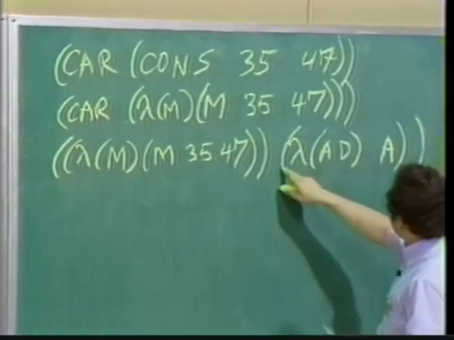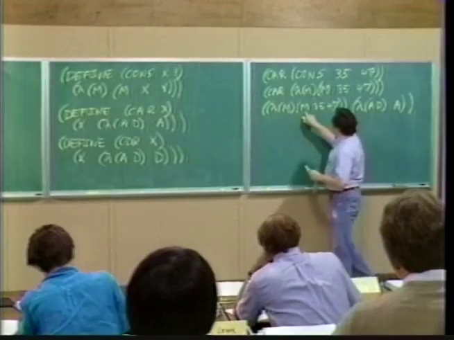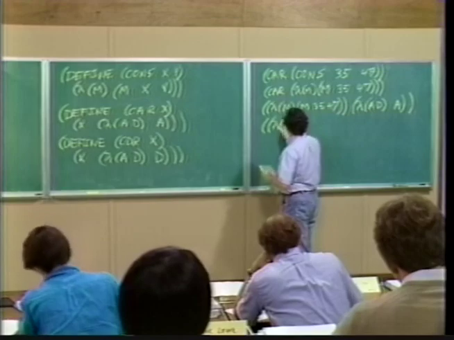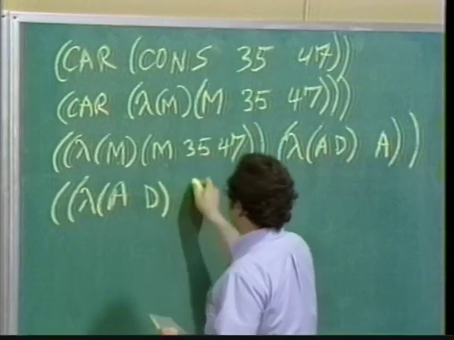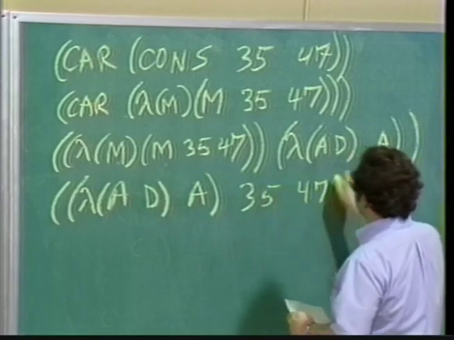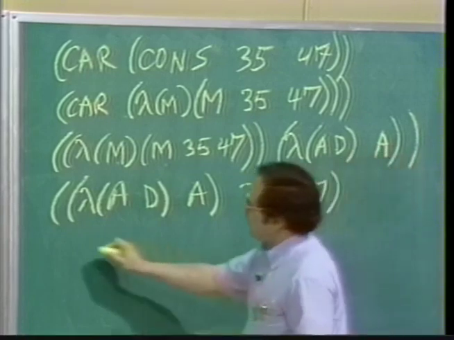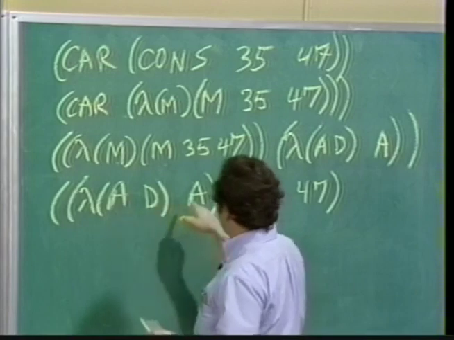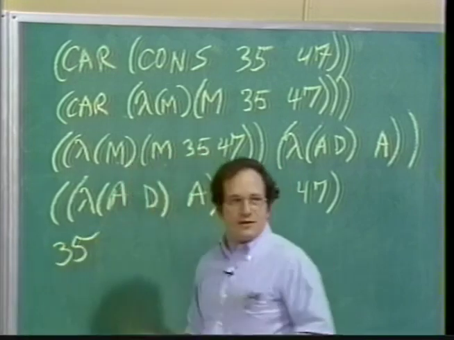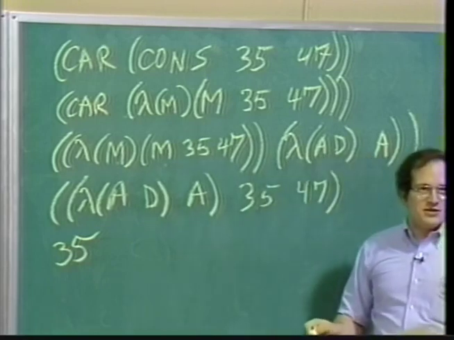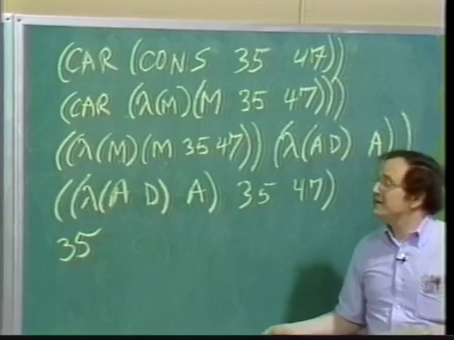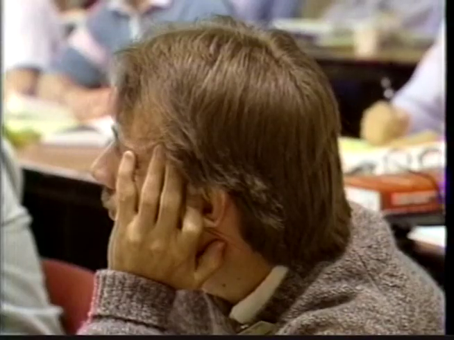Oh, but that's the result of substituting this for m here. Okay, so that's the same thing as lambda of a d a applied to 35 and 47. Oh, that's 35. That's substituting 35 for a and 47 for d in a. So I don't need any data at all, not even numbers. Okay? This is Alonzo Church's hack.